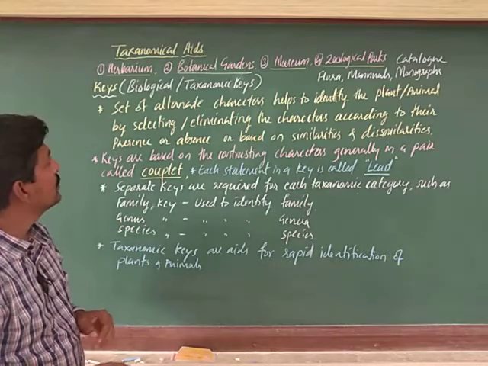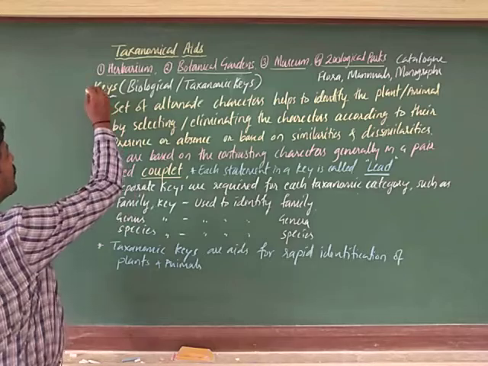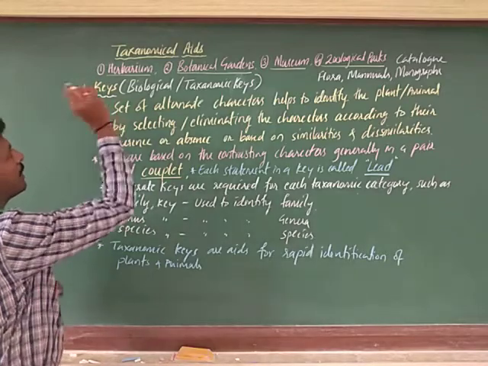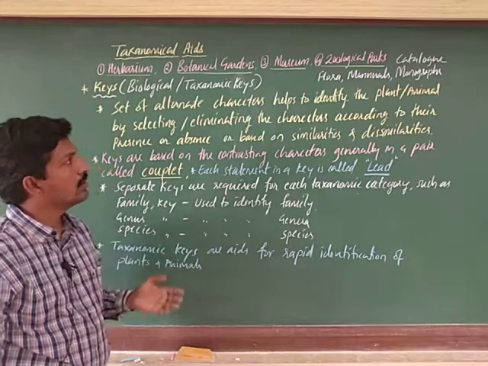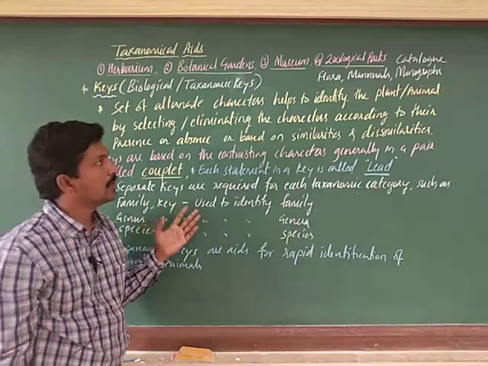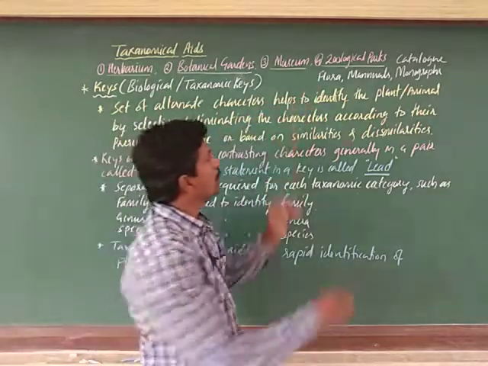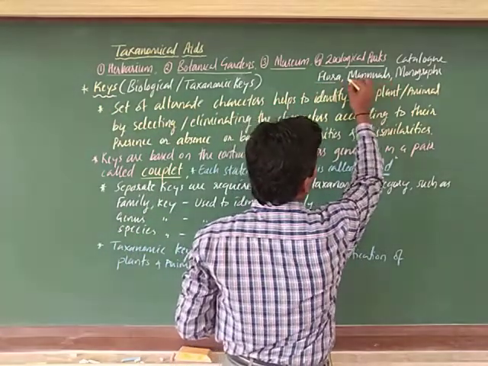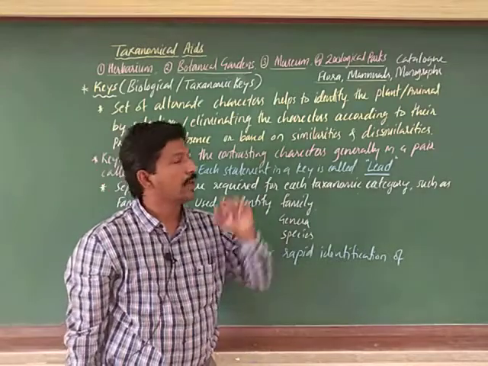See here, one more important taxonomical aid in this video is the key. There are other taxonomical aids such as keys, flora, manuals, monographs and catalog.